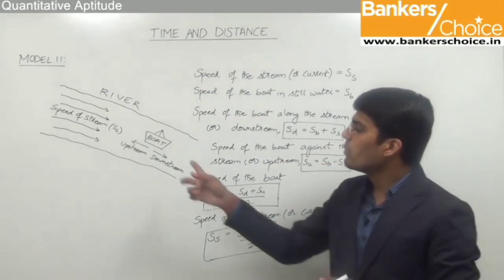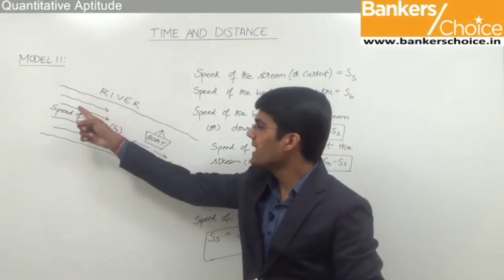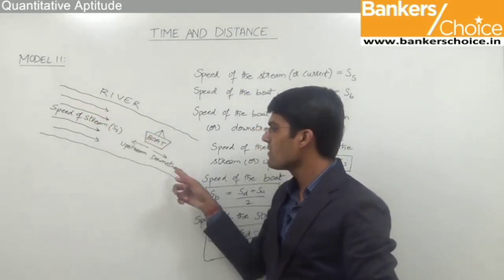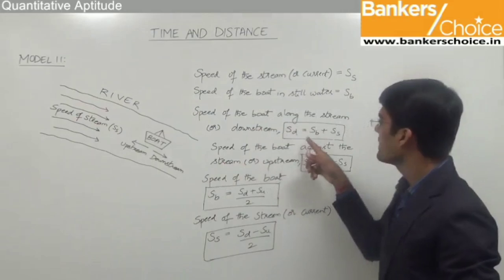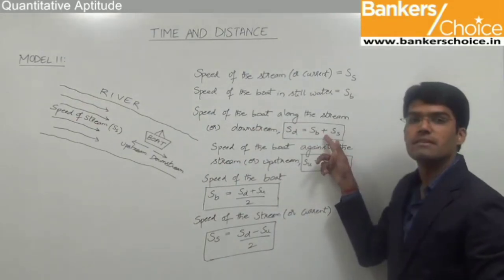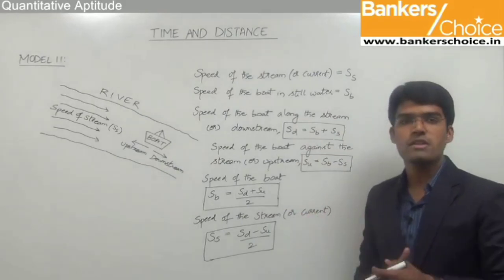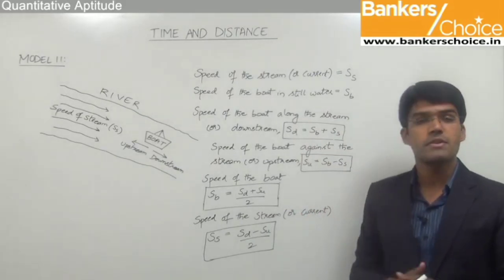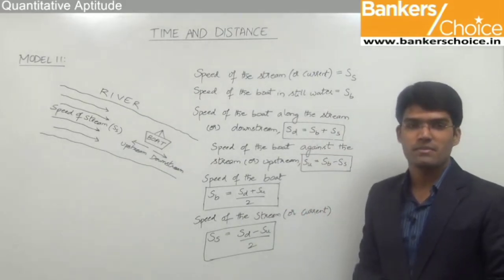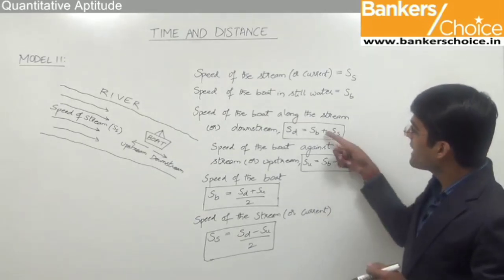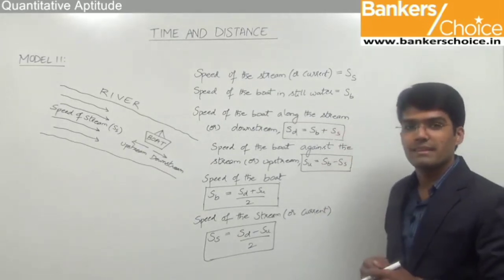And similarly, when the boat is going downstream, that is when the direction of flow of water and the direction of the boat are the same, here we have taken the downstream speed as the sum of the speeds. But when we discussed relative speed, we learned that whenever two bodies move in the same direction, the relative speed should be taken as the difference of the speeds. So friends, don't get confused about why we are taking opposite signs here.